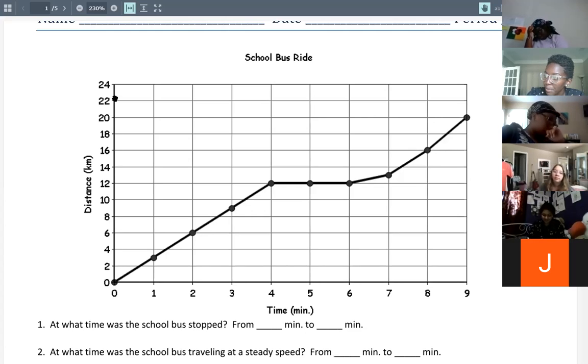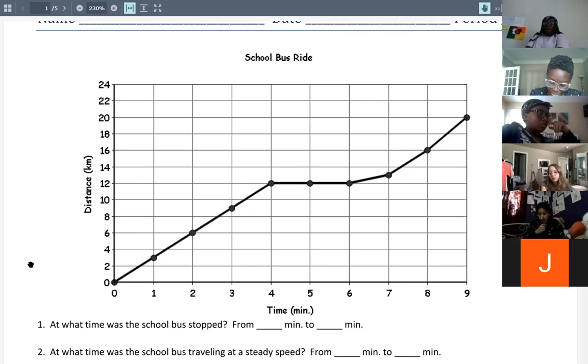If we go up, okay. Let's just start really easy, okay? Let's not even look at these questions yet. Could you guesstimate at 3 minutes how far the school bus had traveled? Around 9 kilometers. Okay, around 9 kilometers.